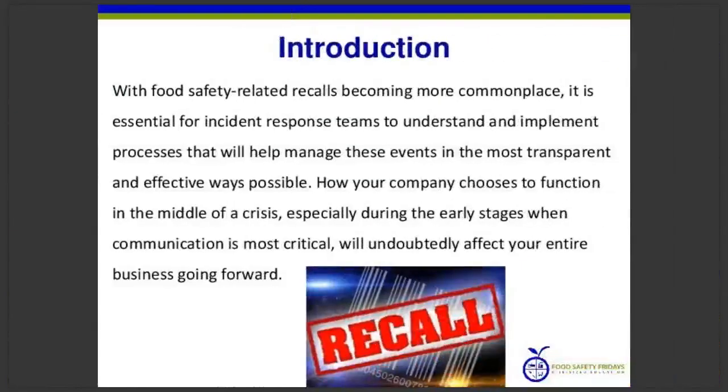In such cases, with food safety related calls becoming more commonplace, it's essential for any incident response team to understand and implement a process that helps them handle such events in the most transparent and effective way. So how does a company choose to function in the middle of a crisis? This is the more effective way, and it should happen at an earlier stage rather than going for an entire business impact and a more critical crisis for the whole organization itself.